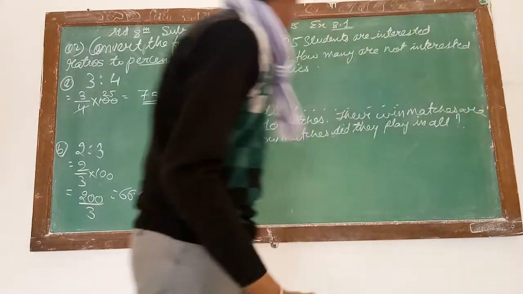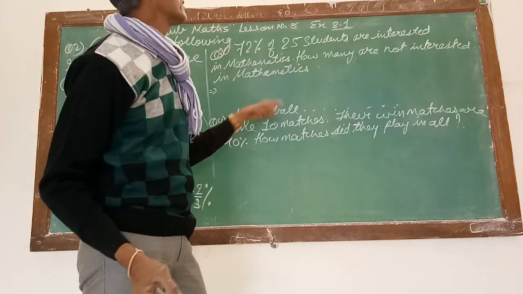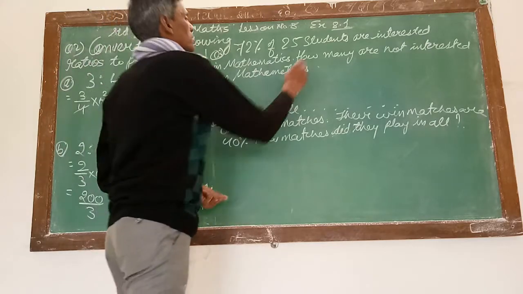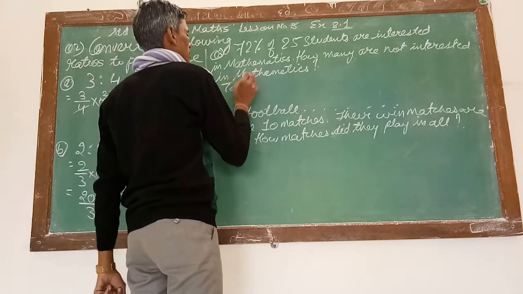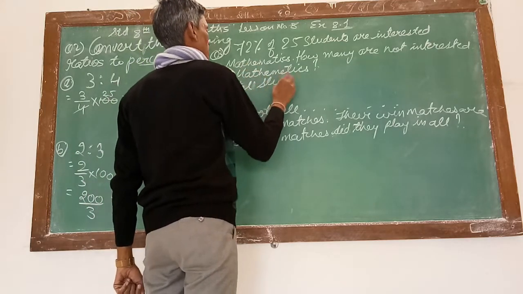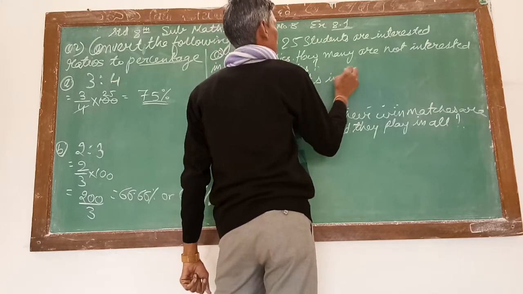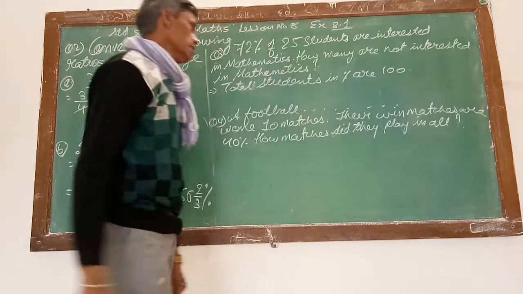Now, question number 3. 72% of 25 students are interested in mathematics. How many are not interested in maths? That is the question. Total students in percentage are 100.